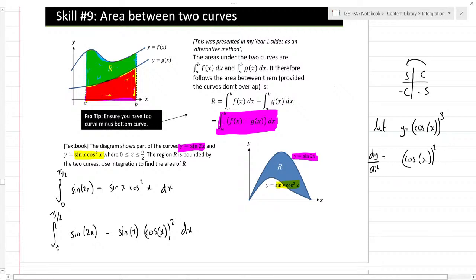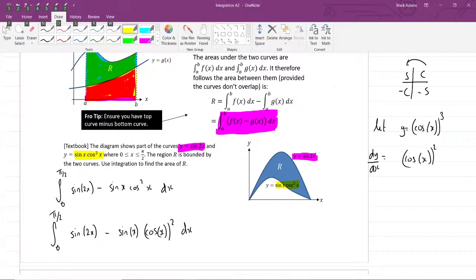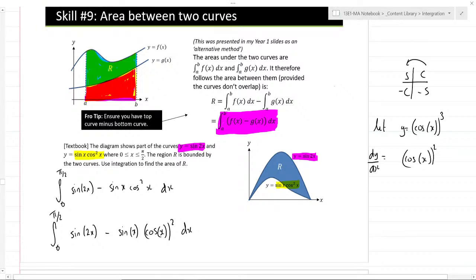So it's going to be bring the power down times by 3. Sorry, yeah, you're right. So that's equal to 3. So then that's equal to this times by minus, it's still minus sine of x. So this is equal to minus 3 sine of x times by cos squared of x. Good.